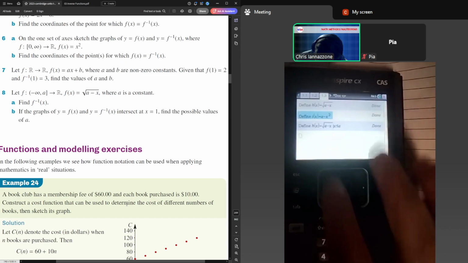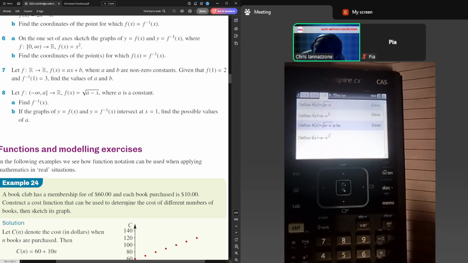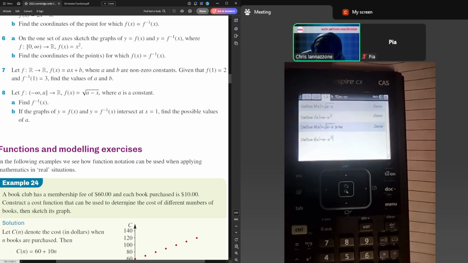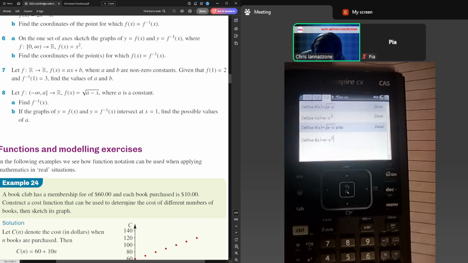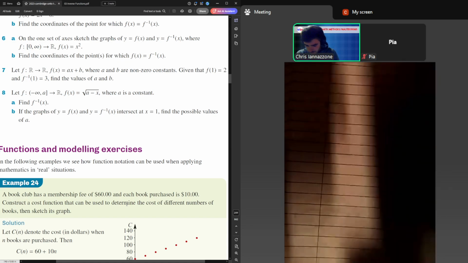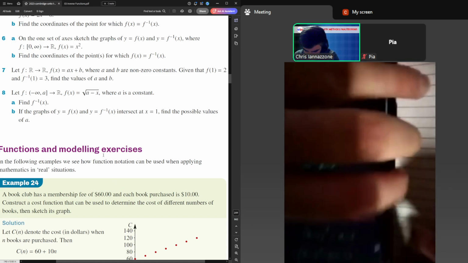And then this one would be, okay, so if that's from all x less than or equal to a, it's a positive root, so that means we're going to have, think about that one.